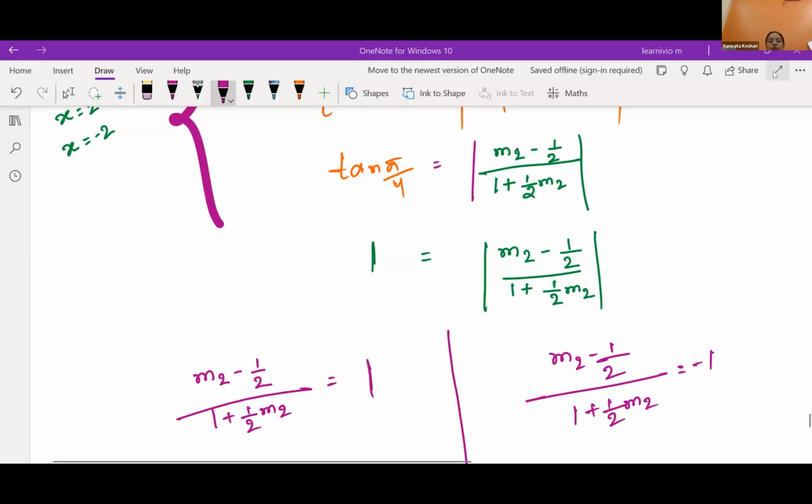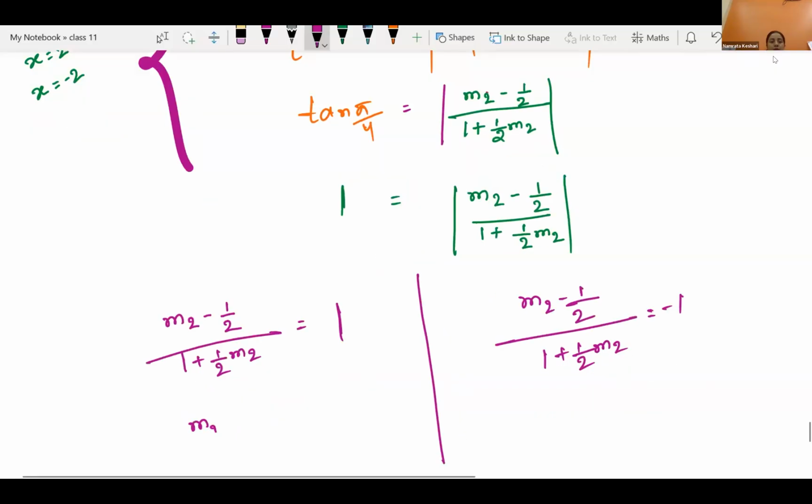From here, what we will get? m2 minus 1 by 2 is equal to 1 plus half m2. Let's keep m2 together. So m2 minus 1 by 2 m2, and here 1 plus 1 by 2.